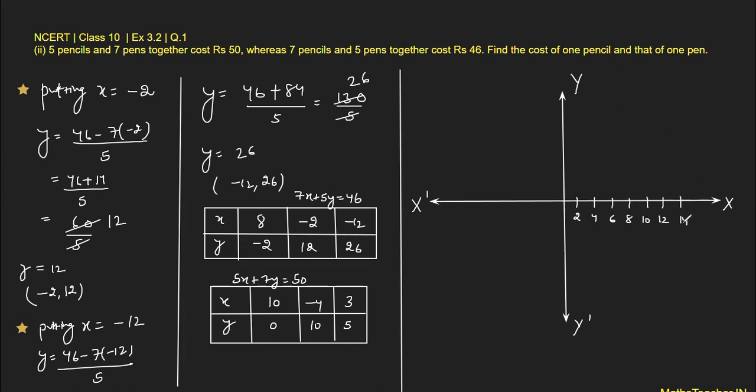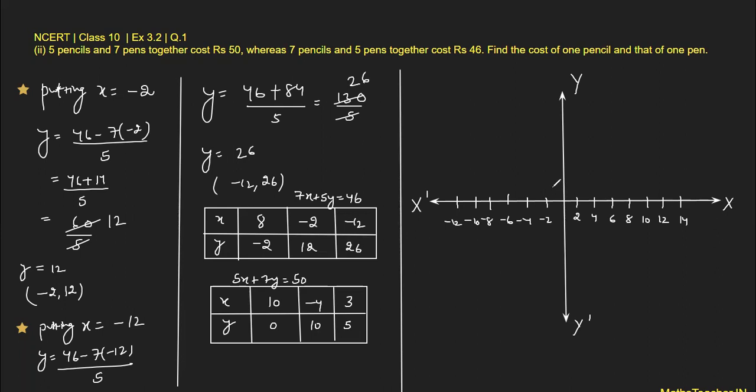On the negative x-axis, you can see the number is minus 12, so I also need to plot on the negative x-axis equal space. This is minus 2, minus 4, minus 6, minus 8, minus 10, minus 12, right? And on the y-axis, I have to plot up to 10, and I also have to plot up to plus 26. Oh my God.